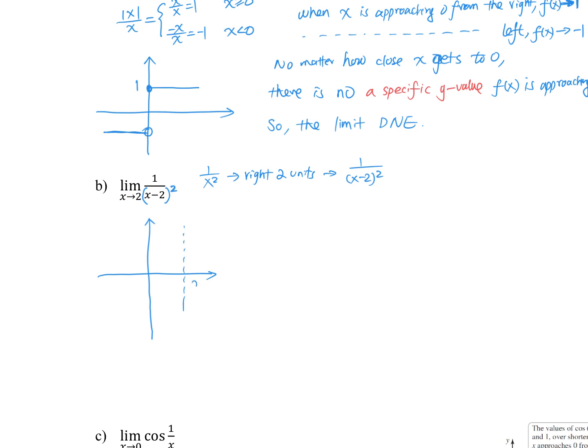The graph should look something like this, with the 2 here, because 1 over x squared looks like this. You just shift this graph to the right 2.